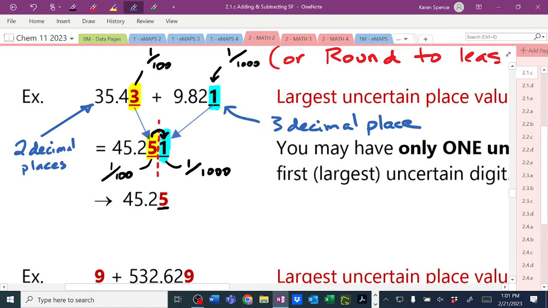And look, how many decimal places did our answer have? 2 decimal places. So it would have worked if we rounded to the smallest number of decimal places, which is 2. Yes? Smallest number of decimal places.